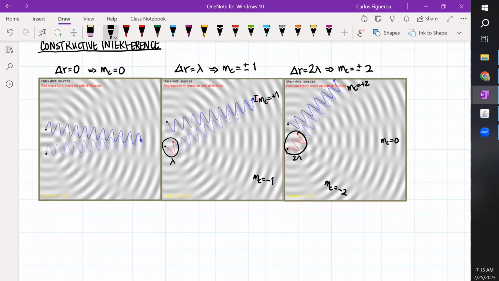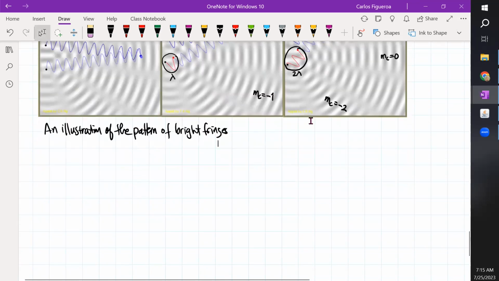So, an illustration of the pattern of bright fringes looks something like this here.